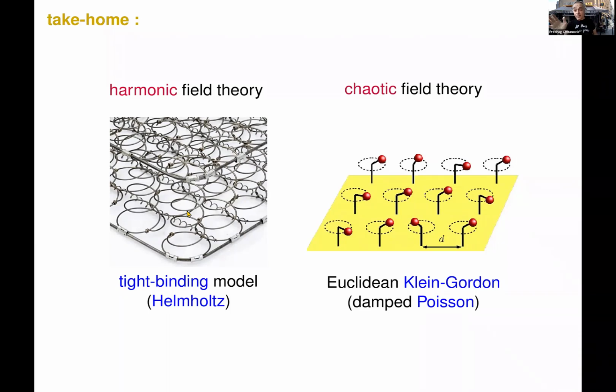Now, chaotic field theory is the wild sister of this harmonic field theory. Instead of having springs at every site, you have rotors. And instead of having this tight binding model with oscillatory modes, the solutions are actually solutions of the Euclidean Klein-Gordon field theory, or what applied mathematicians call the damped Poisson equations. So this is all I want to teach you today.